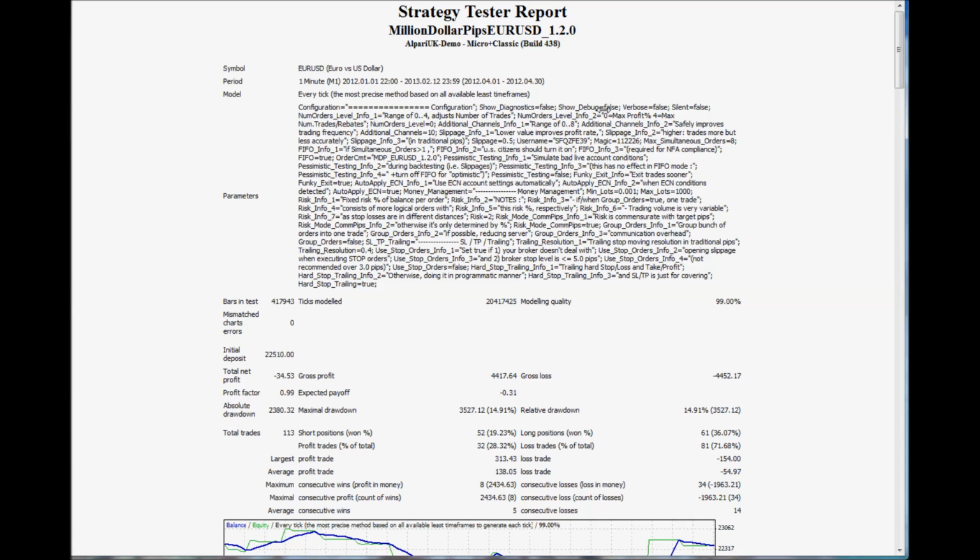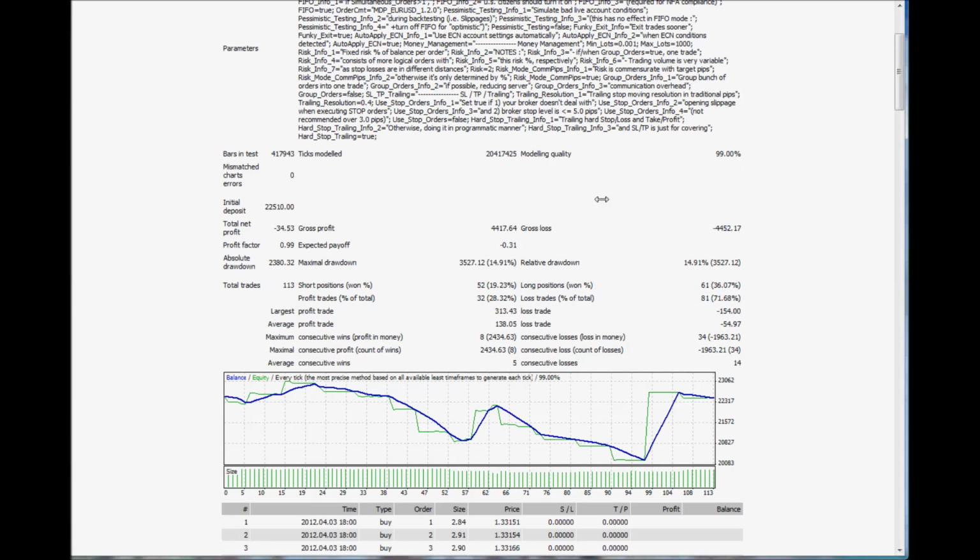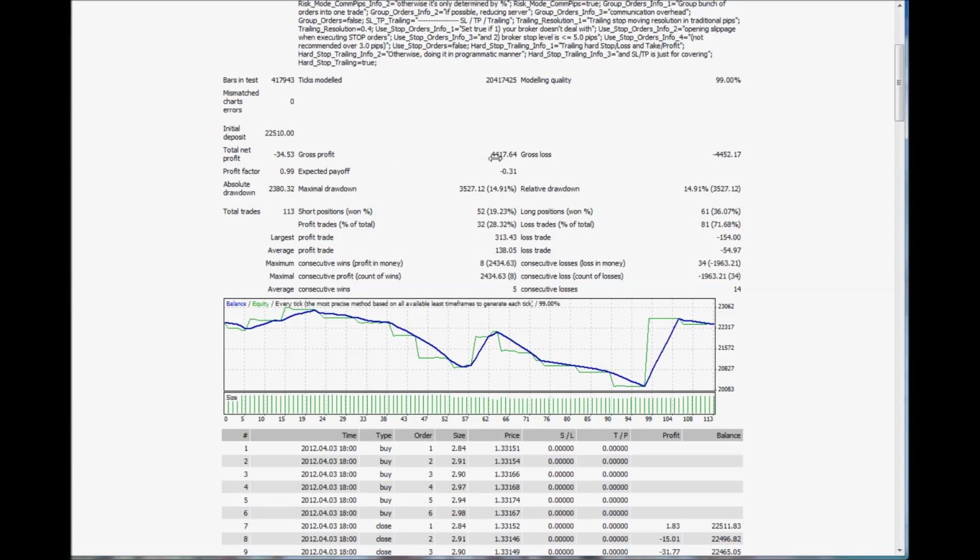If we move to the next month, as you can see, the months moved along. This time we tested between February and March, and then we forward tested April, and again 99% quality, and this time we had a profit of 4,417.